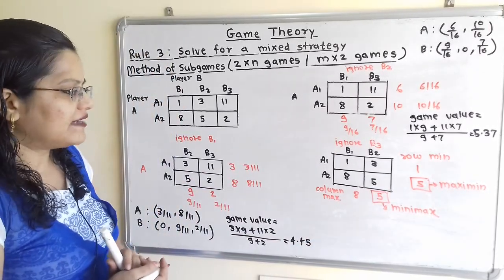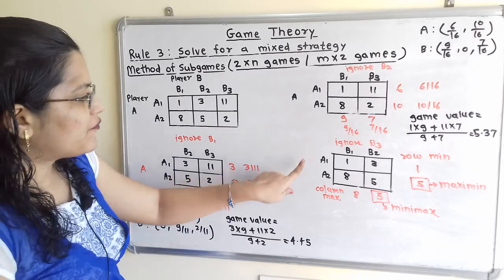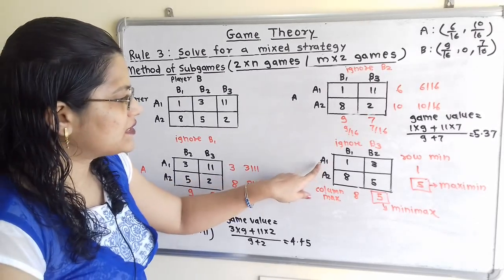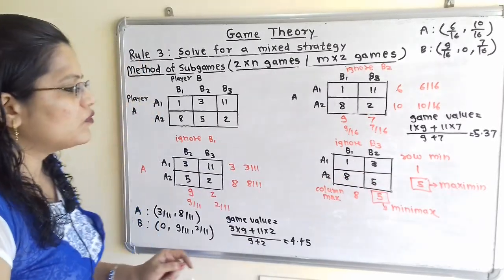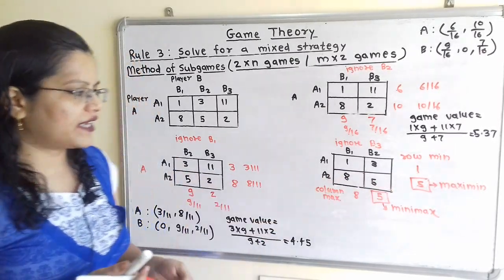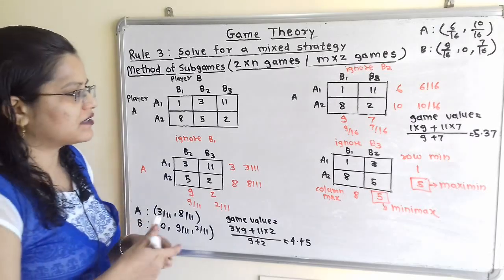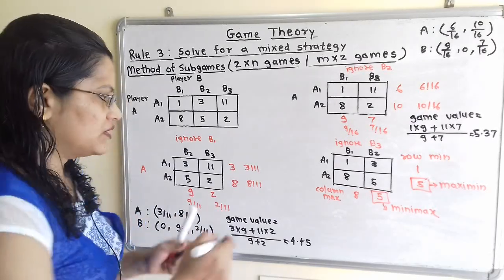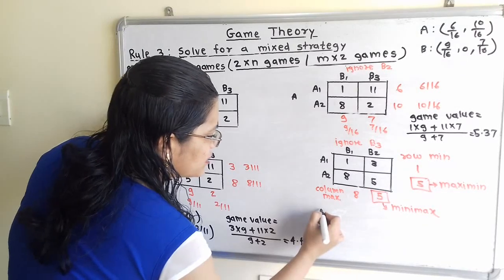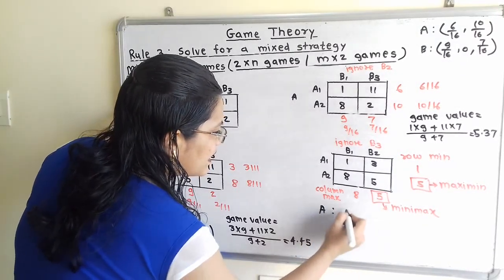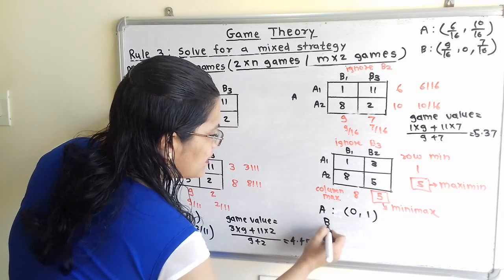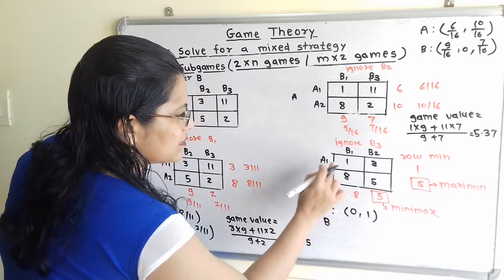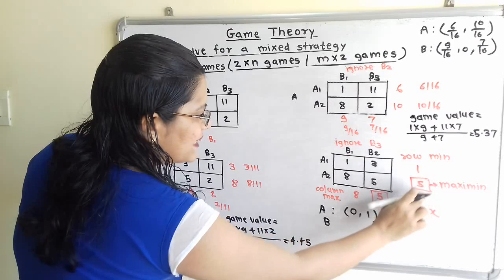So we can say that player A should use strategy A1 for 0 times and strategy A2 for 1 time.